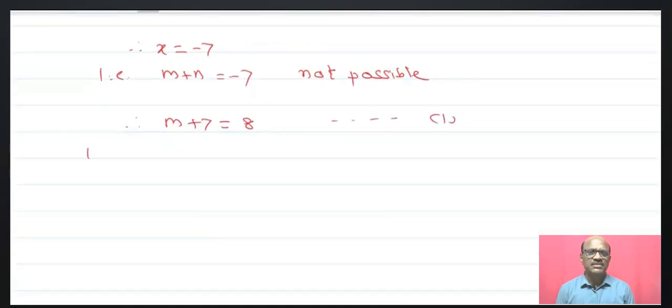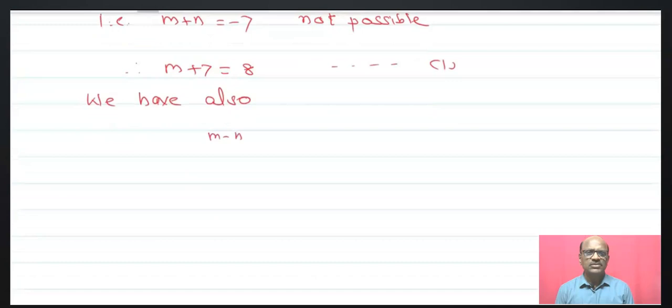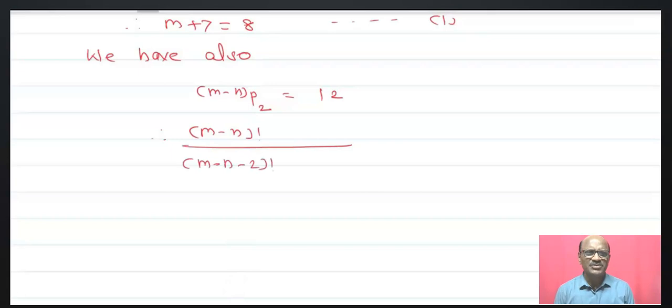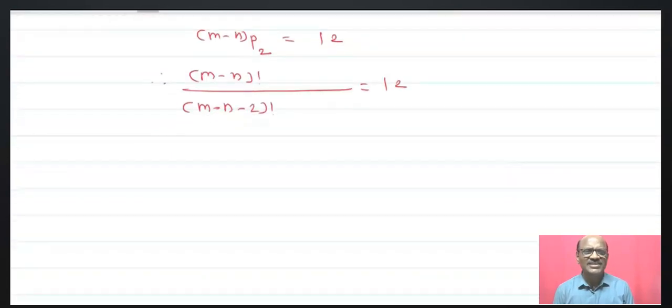Therefore, m plus n is equal to 8. Also, we have that is m plus n is equal to 8.